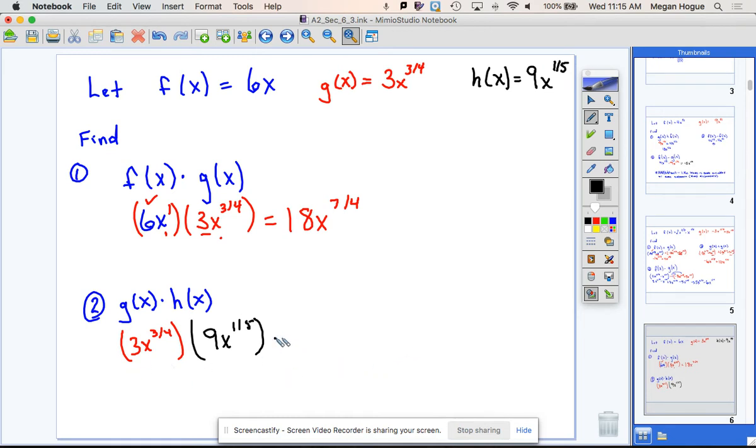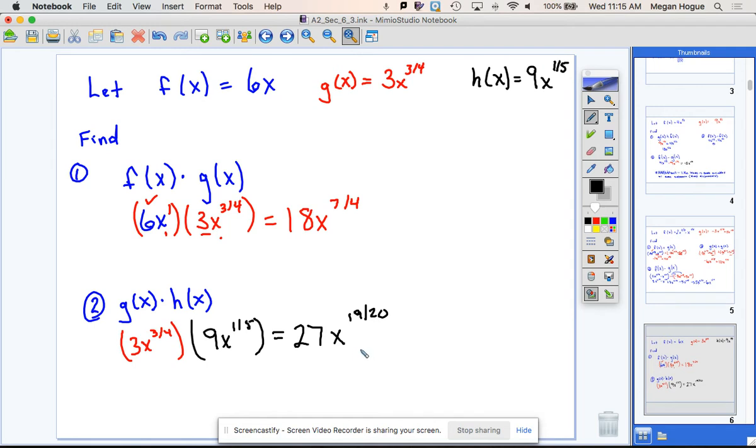We multiply the 3 and the 9, 27. Multiplying, we're adding the exponents. So in our calculators, we're doing 3/4 plus 1/5. Tell me what you get. 19/20. People agree with Robert? Okay. Sounds a little familiar to me from this morning. So 27 and then x to the 19/20.